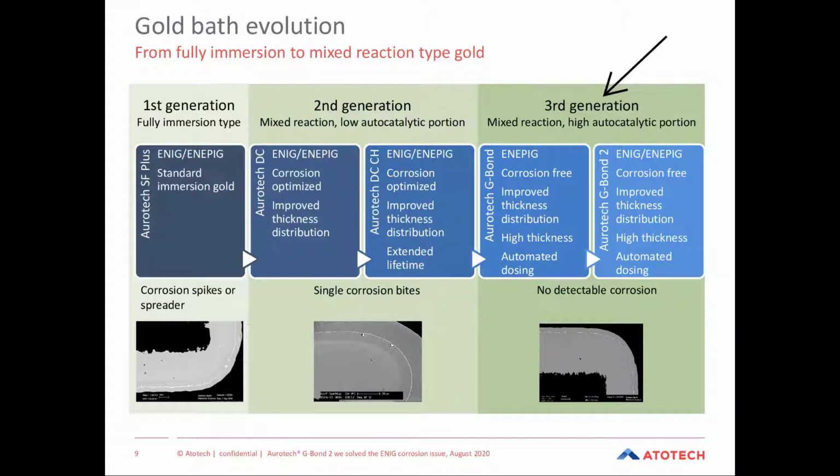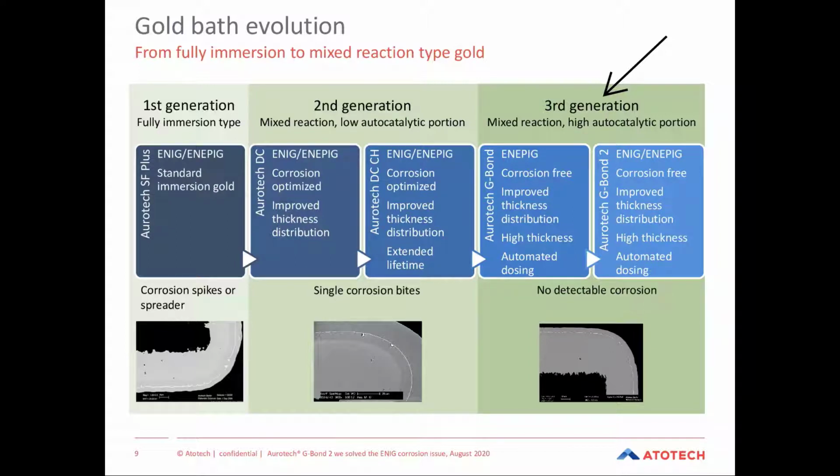Compared to the second generation gold bases, we have a further improved thickness distribution. Because of the autocatalytic portion of the reaction, we are also able to deposit high thicknesses. To operate this base, we also offer an automatic dosing system, which ensures constant replenishment for the whole operating time.